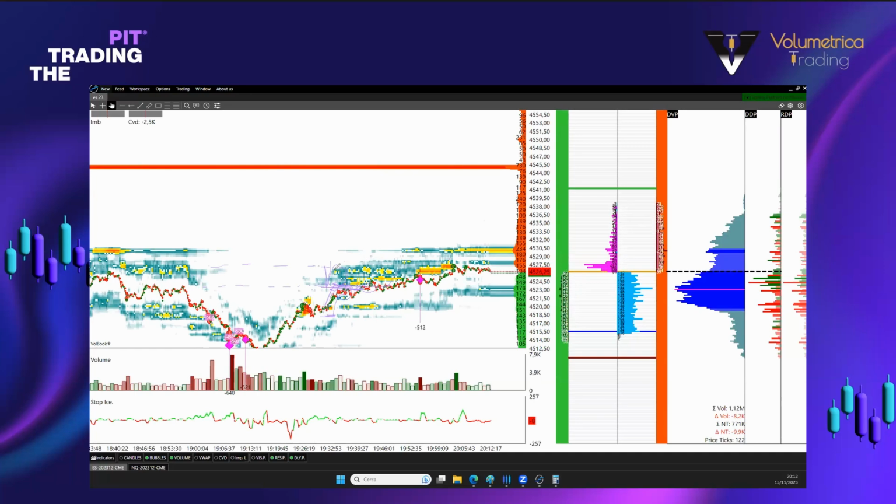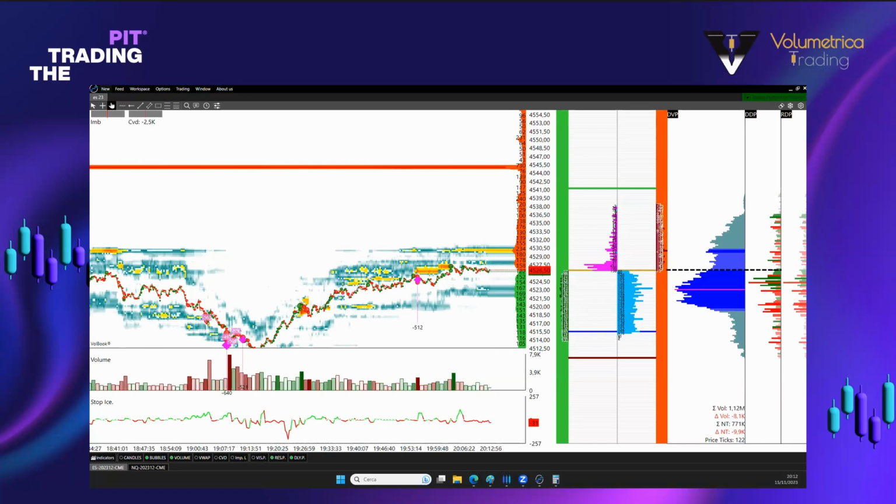In fact, let's say that short-term market liquidity, which therefore tends to reject price in the first place, is very useful for identifying a possible target, especially for scalping. Let's assume I'm long somewhere here.